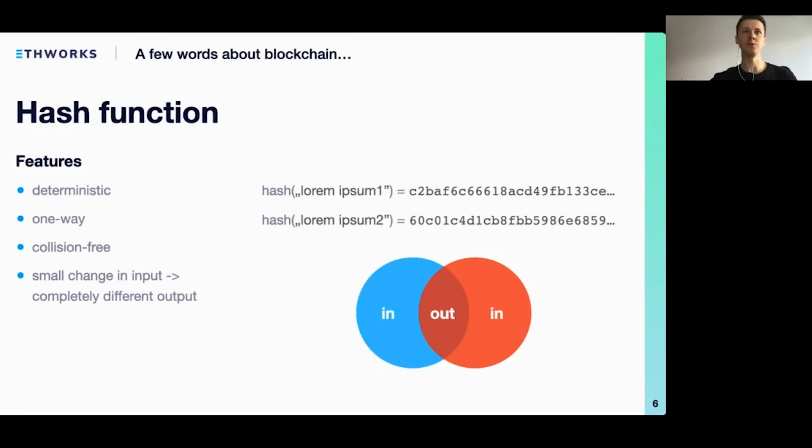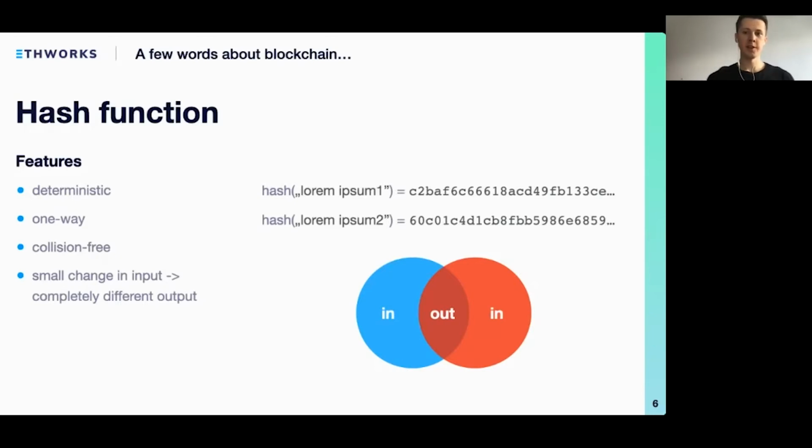The first property is that it's deterministic. Given an input, you always get the same output, no matter the time that you're invoking the function or the context. Another important property is that it's one way, which means that given the hash, so the output of the hash function, it's hard to determine the input.